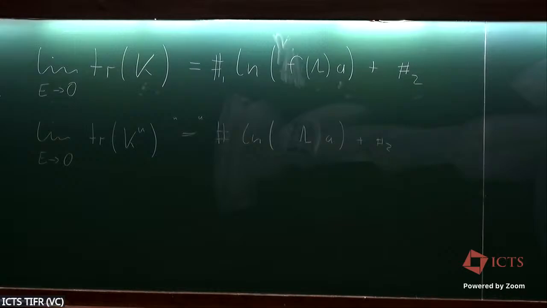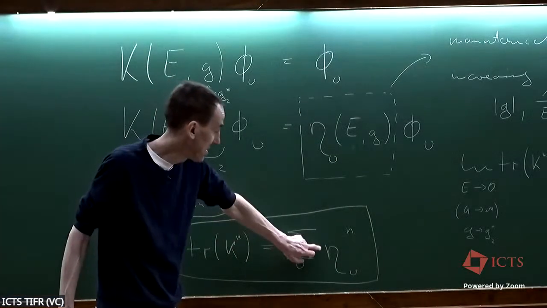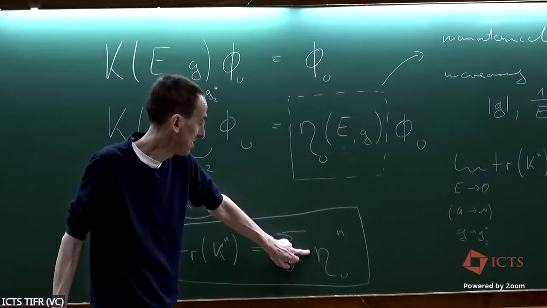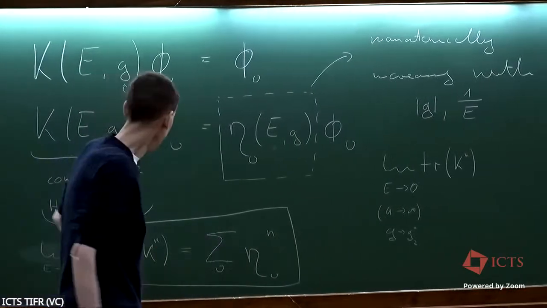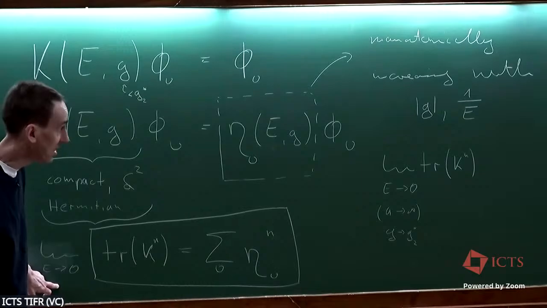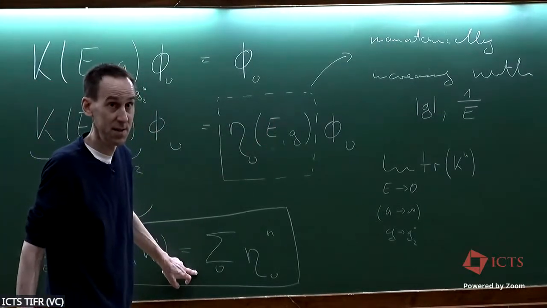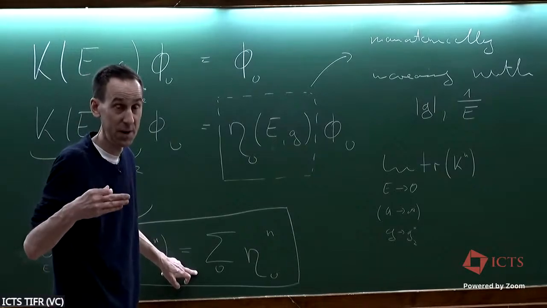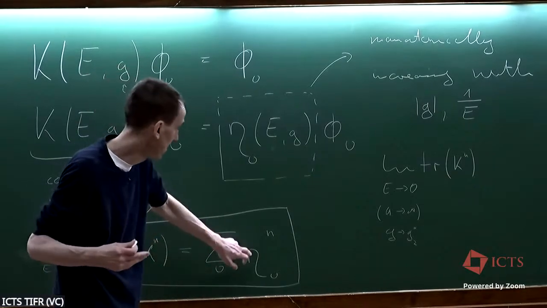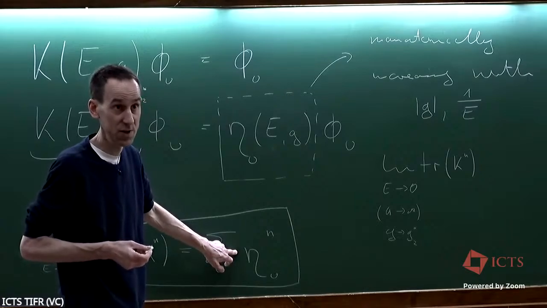Taken as a power series in those numbers, eta nu, I know that in the limit of E going to 0, I have a divergence which is always logarithmic, regardless of what power I use here.